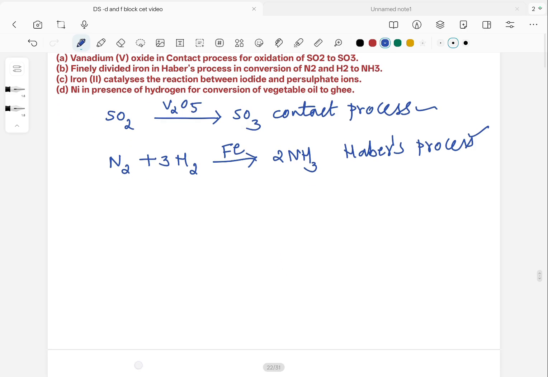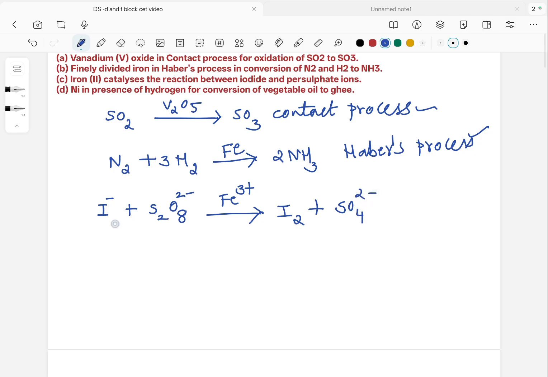Third statement says Fe2+ catalyzes the reaction between iodide and persulfate ion. Iodide and persulfate ion, that is S2O8 2-, in the presence of Fe3+, they form I2 and sulfate ion.